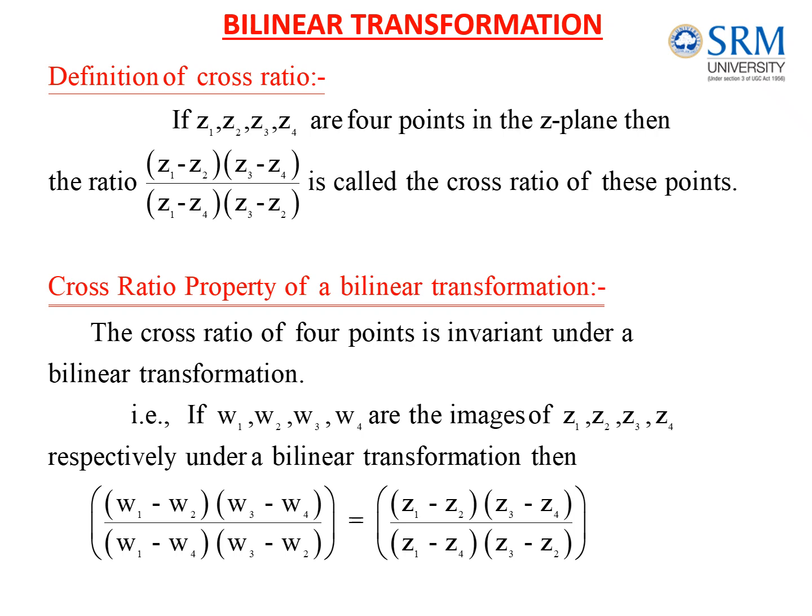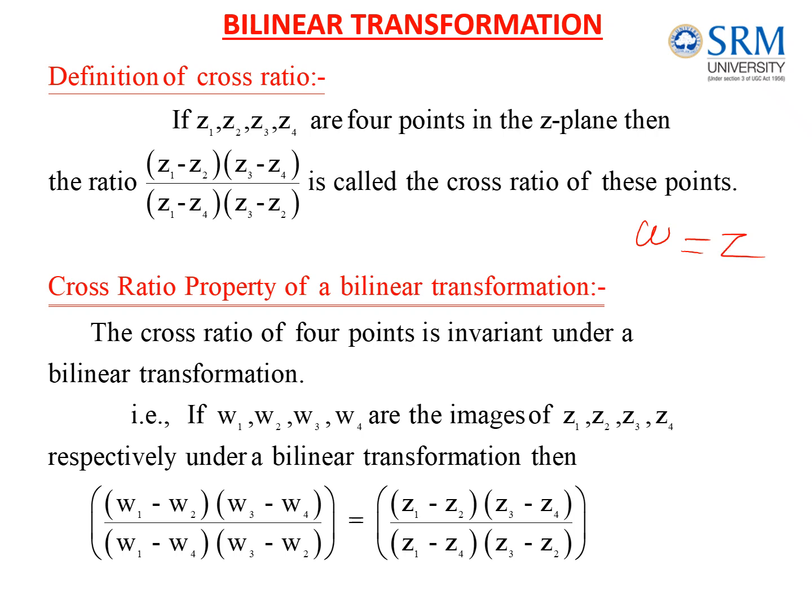Next comes a property based upon this cross ratio. The property says that the cross ratio of 4 points is invariant under a bilinear transformation. What is meant by invariant? The image is itself.